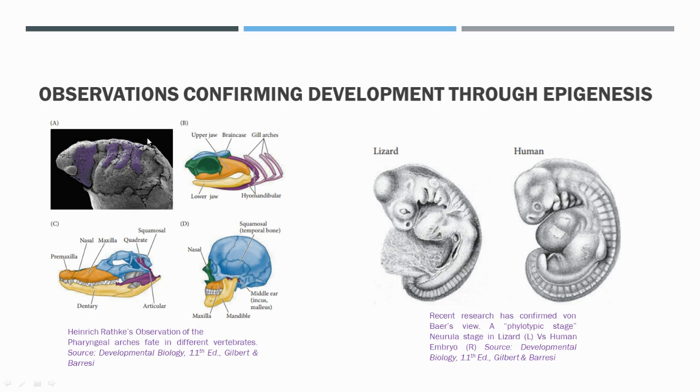And what Rathke did, that is Heinrich Rathke's work that we have mentioned in the timeline of historical development in developmental biology, was comparative work, so we can look at what kind of comparison he made. If you look at the skull development in different organisms, we can find here a fish, a reptile, a crocodile, and here a human, and we can find that the same colored structures are common.